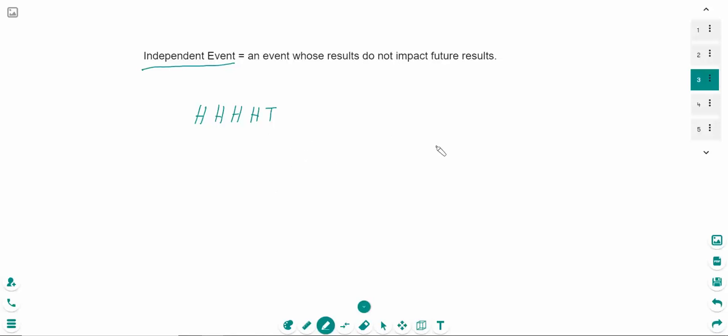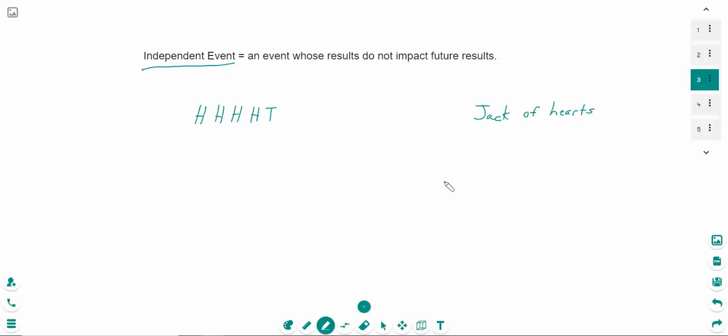Now, an example of something that would not be an independent event would be something like this. Let's say I have a deck of cards, and I randomly, without looking, pull a card out of the deck. Let's say I pull the Jack of Hearts. Now it's out of the deck, and I set it aside.